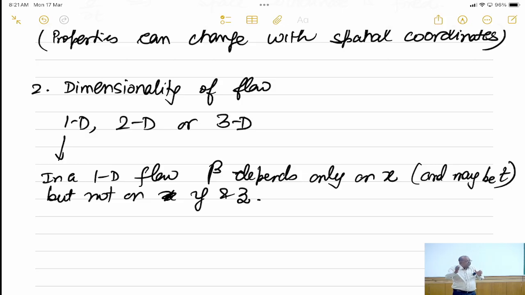So they could change with x, but they will not change with y and z. Okay, so that is what we call a 1D flow.